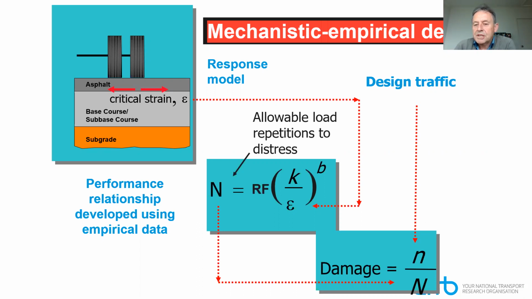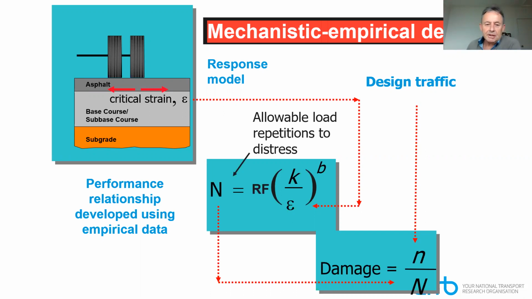And then we assess the damage due to the expected load repetitions, that's your design traffic, and we come up with a damage calculation where the expected number, small n, of load repetitions is divided by the allowable. And we're trying to select a pavement composition such that the damage is less than 1.